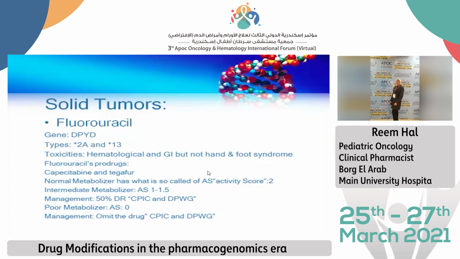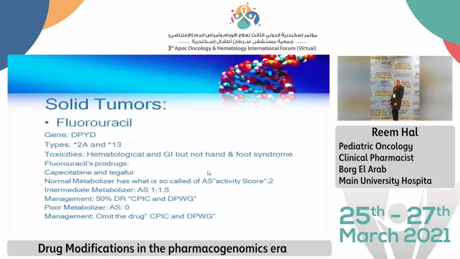The types of mutations here are *2A and *13. The toxicities expected are hematological or gastrointestinal, but not hand and foot syndrome, which is not related to this mutation. Fluorouracil's prodrugs are capecitabine and tegafur.